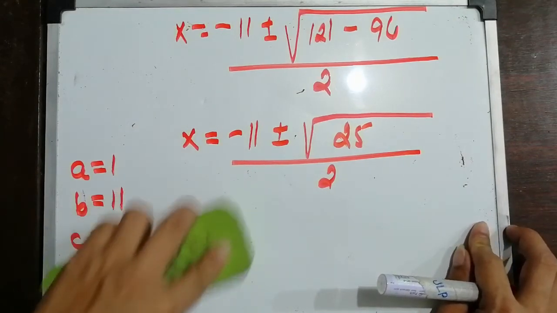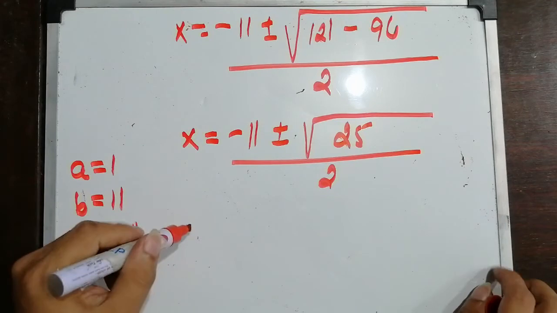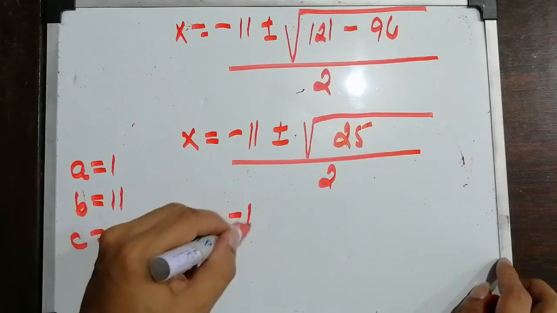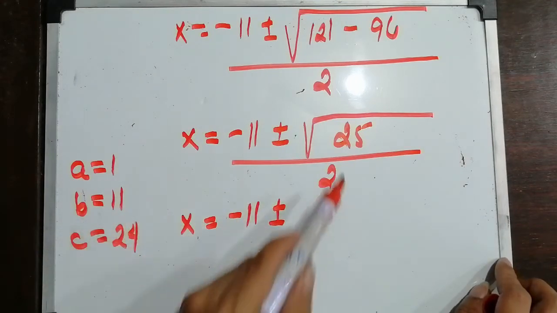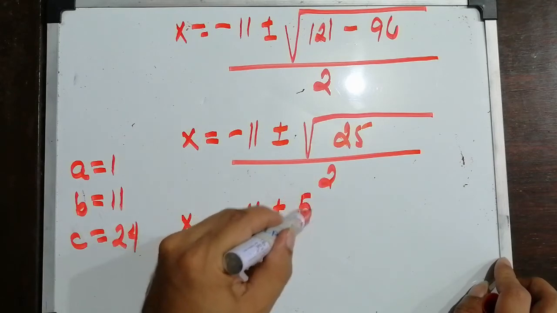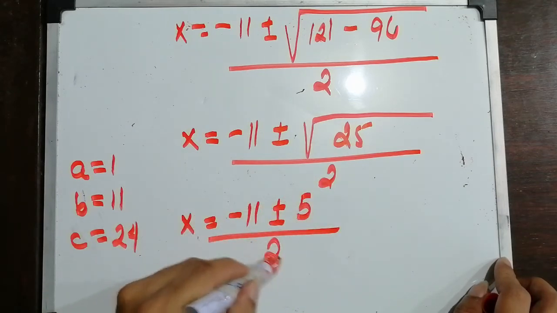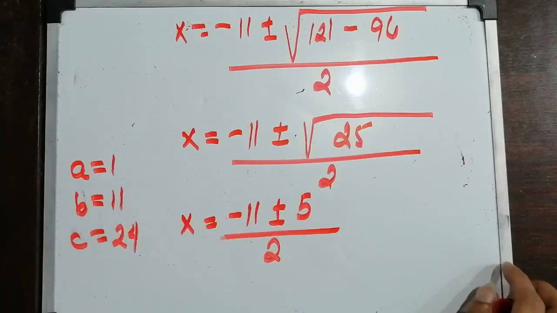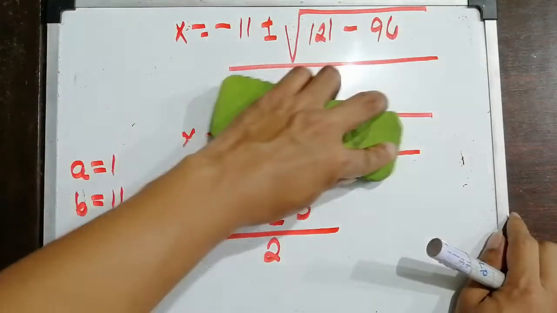Next. So x equals negative 11 plus or minus square root ng 25 is 5 over 2. Okay? So, two solutions pa rin tayo kasi nga quadratic equation tayo. So, kunin lang natin yung positive and negative. Okay? So, erase ko na to.